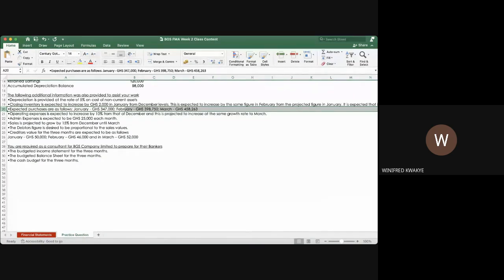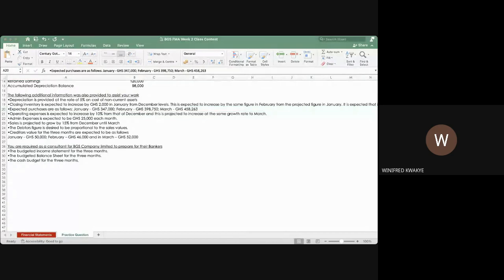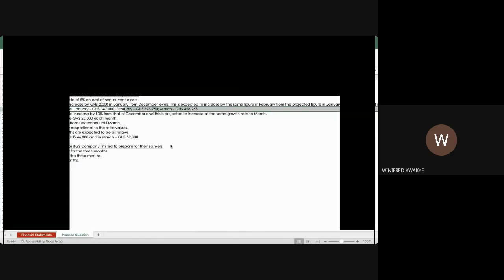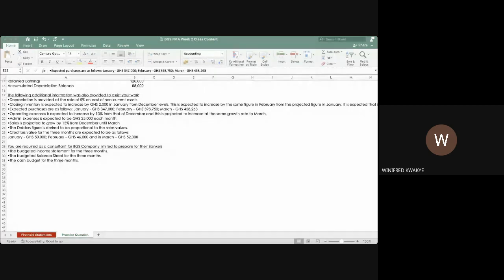Operating expenses is expected to increase by 10% from that of December, and this is projected to increase at the same growth rate to March. Admin expenses is expected to be 25,000 each month.